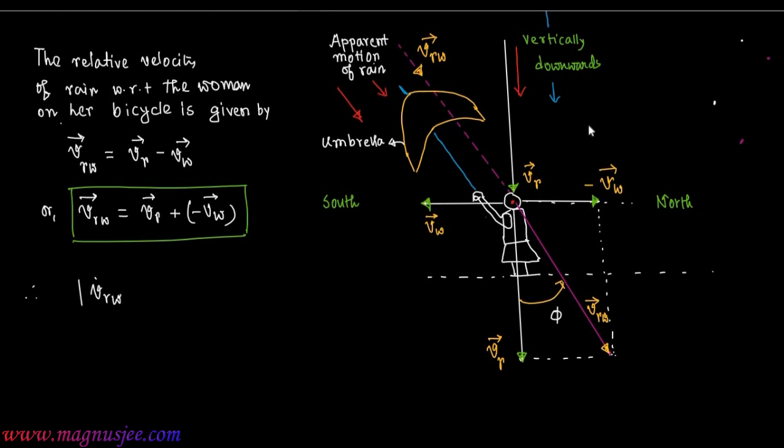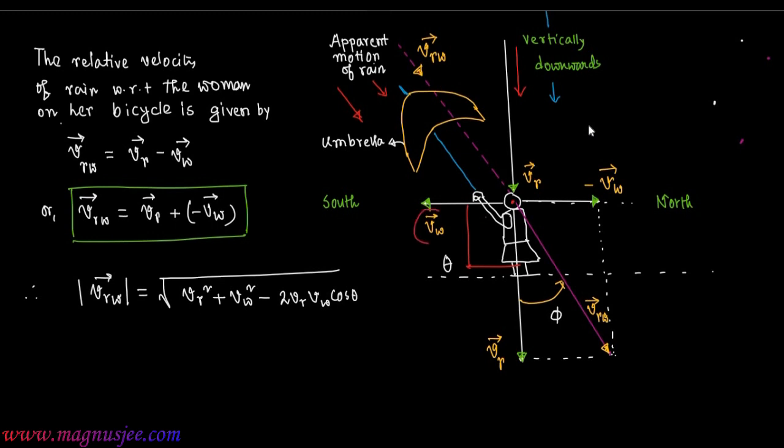As vector Vrw equals vector Vr plus minus vector Vw, that's why mod vector Vrw is equal to root over Vr square plus Vw square minus 2 Vr Vw cos theta. Here, this is the angle theta, and theta is the angle between vector Vr and vector Vw, and we know that theta is equal to 90 degree as rain falls vertically downwards and woman is riding her bicycle due south.